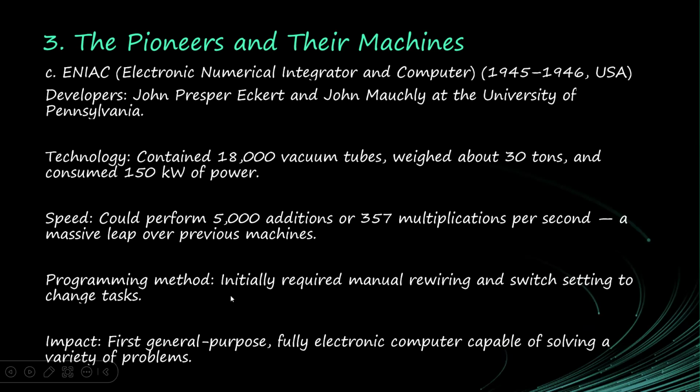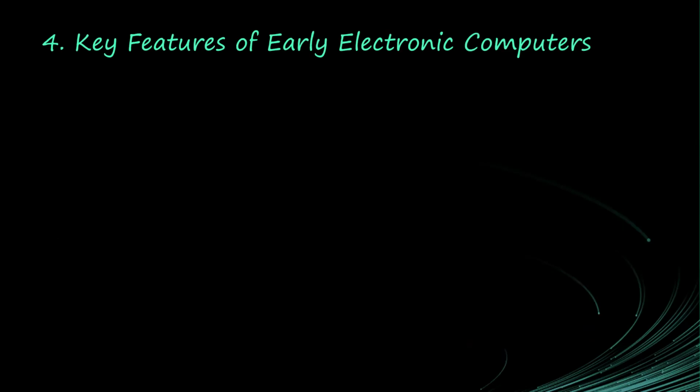It was the first general purpose computer. Remember, the Colossus was not general purpose. It was a specific purpose computer. But this ENIAC was the first general purpose, fully electronic computer capable of solving a variety of problems. So this was a very big growth.